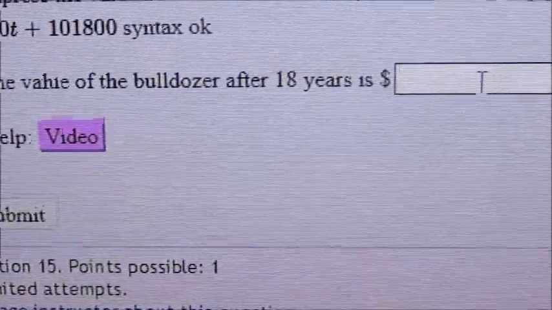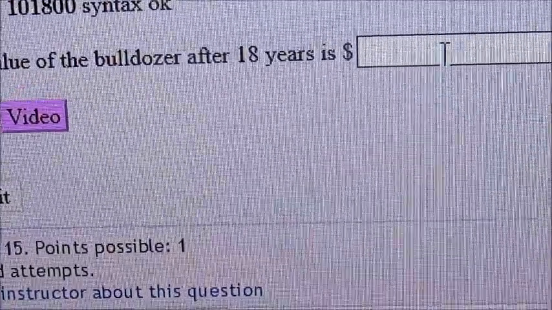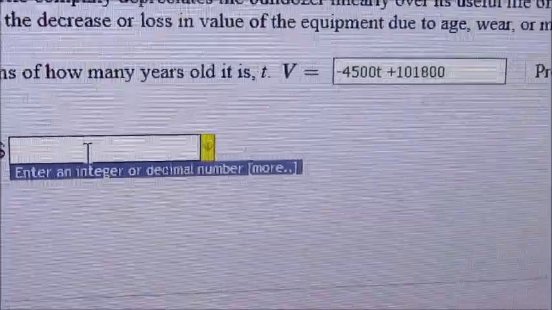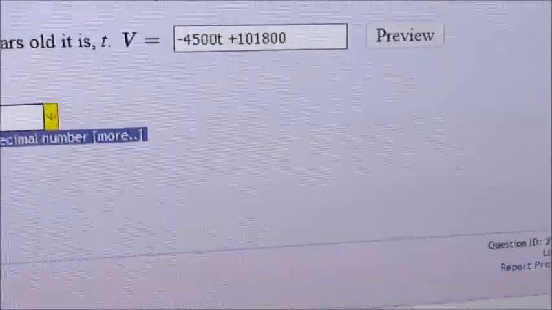And then the next part of the question is the value of the bulldozer at 18 years. So what we need to do is find out what V will be when T equals 18.